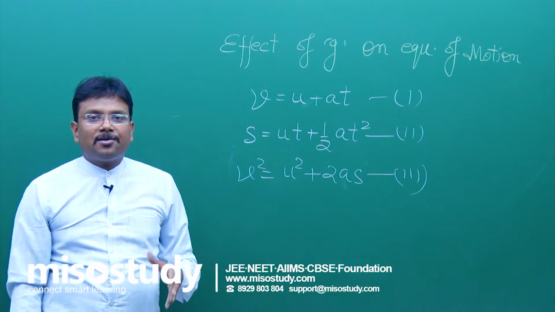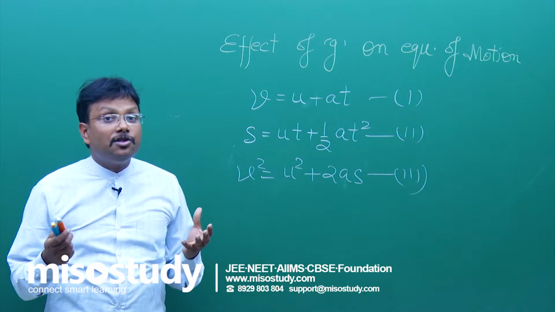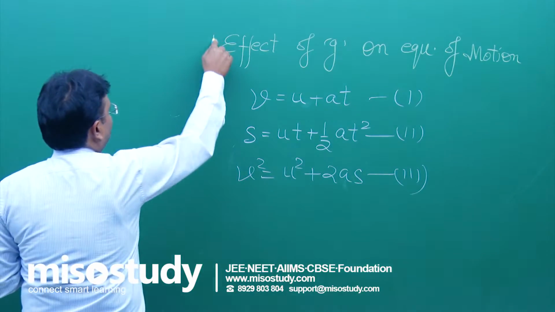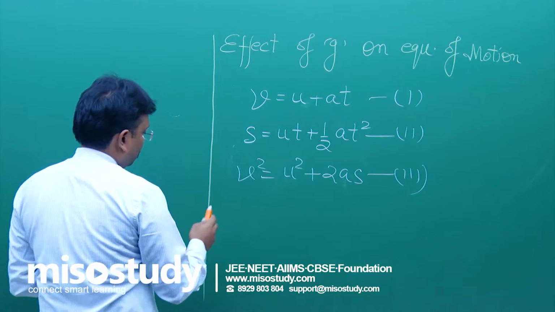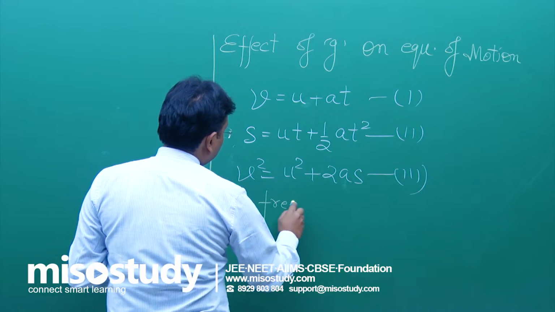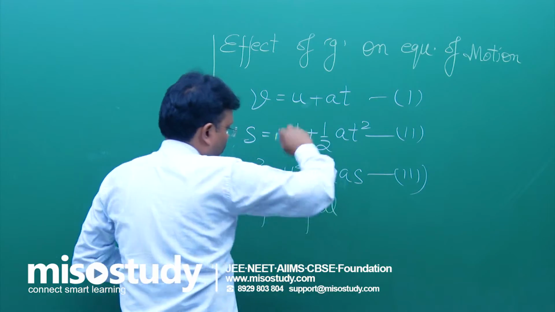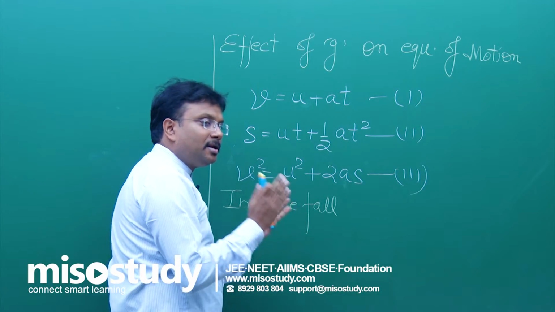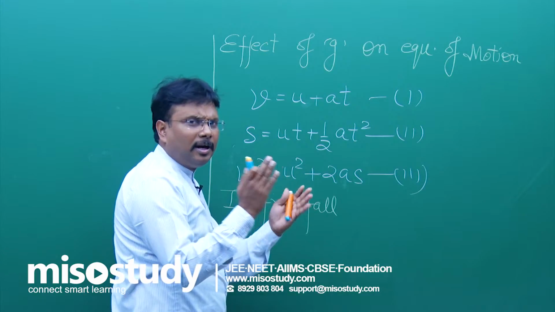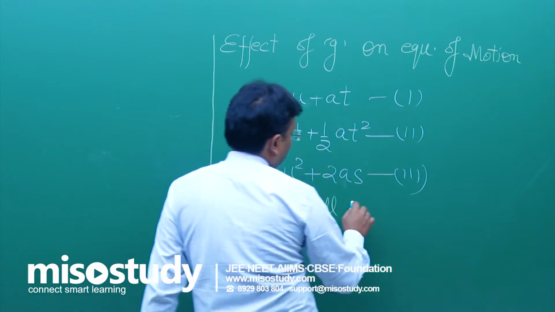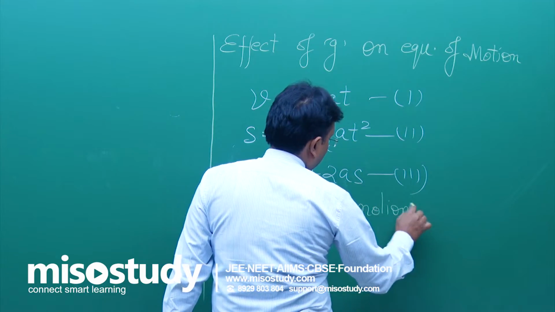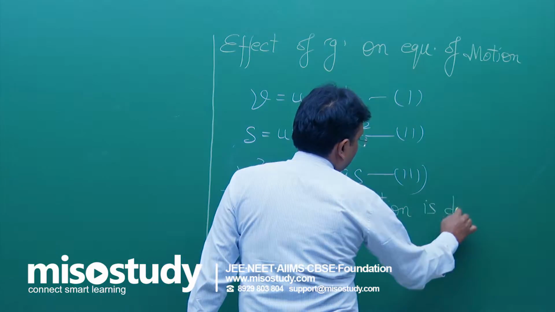Because in free space acceleration due to gravity G is 0. So, in free fall, motion is because of acceleration due to gravity, that is the cause.